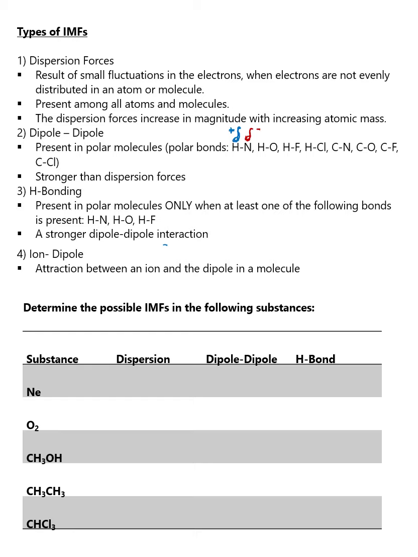Now, your dipole-dipole interaction will happen when the delta plus and delta minus in one polar bond are attracted to the delta plus and delta minus in another polar bond in a different molecule, not within the same molecule, but between different molecules in your container.